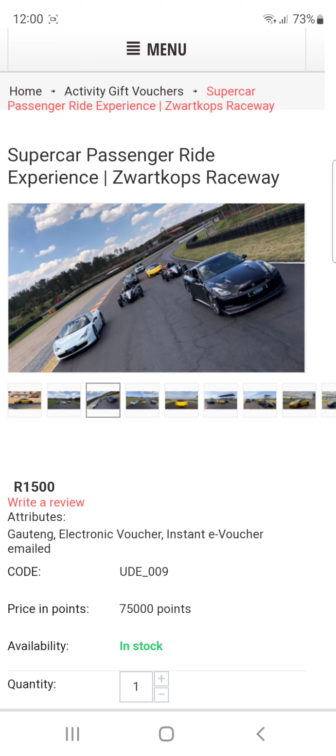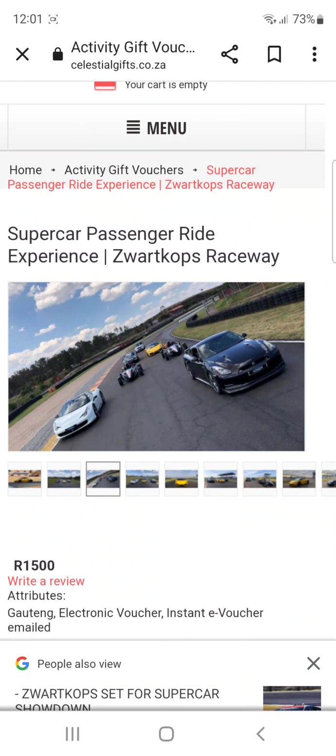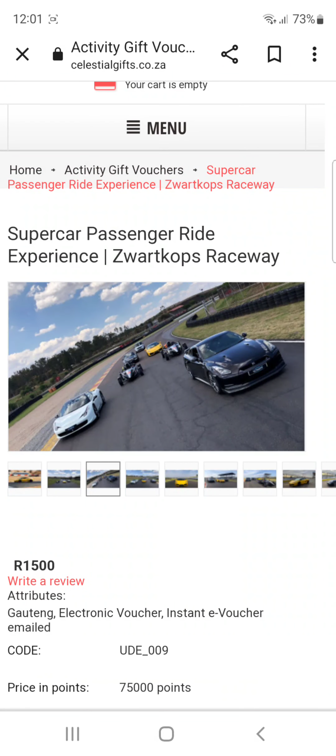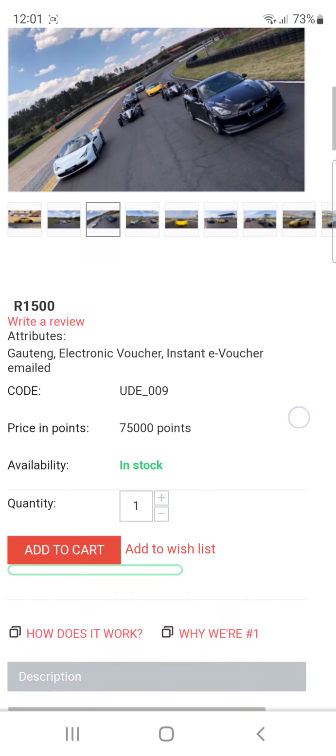Obviously, these are experiences, so we have to give more of a look and feel of what the client will enjoy on the day. But if you're selling products, which most of you are, I would say at the very minimum, 3 very professional images that are not pixelated. They need to be clear and concise and very easy to see, because that makes huge impressions with customers.